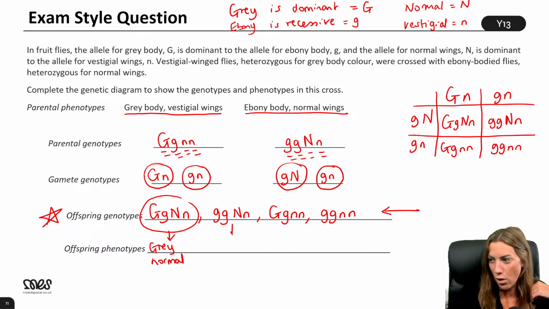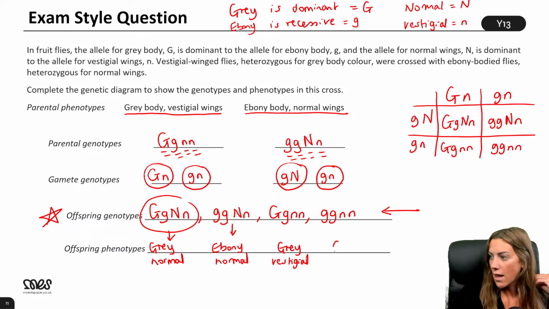What about the second one? Yeah, good. Yeah, it's ebony normal. And then we've got grey vestigial, which is basically underdeveloped wings. And we've got ebony vestigial.